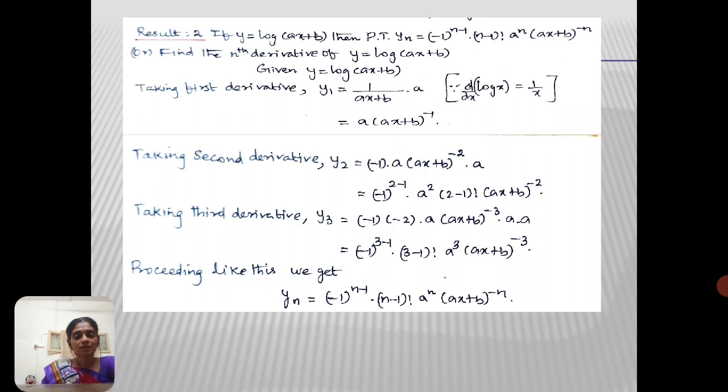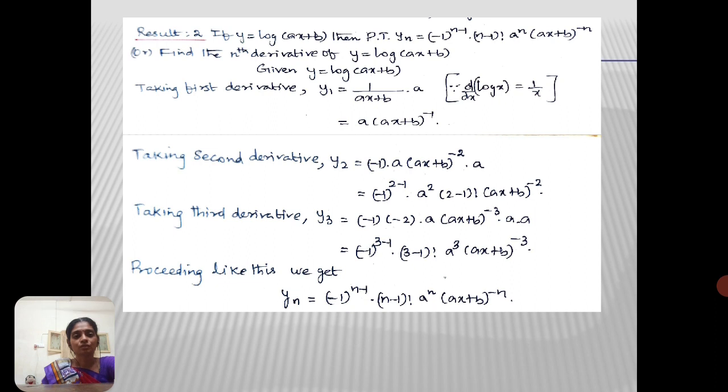Now taking the second derivative, we get y2 equal to minus 1 into a into ax plus b power minus 2 into a. This can be written as minus 1 power 2 minus 1 a square into 2 minus 1 factorial ax plus b power minus 2. Now we proceed to third derivative.